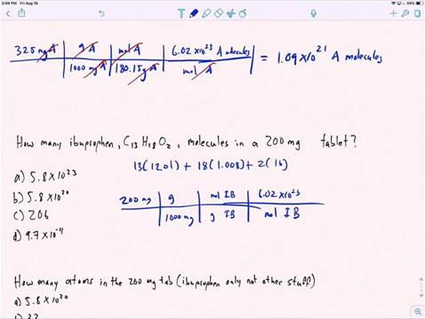I am not going to do a calculation because I know the answer already just looking at it. The only answer that makes sense is B. When you are looking at a test, a lot of questions are multiple choice.